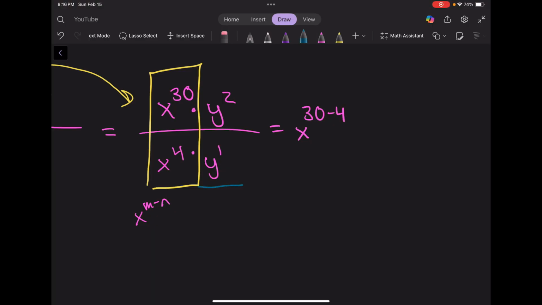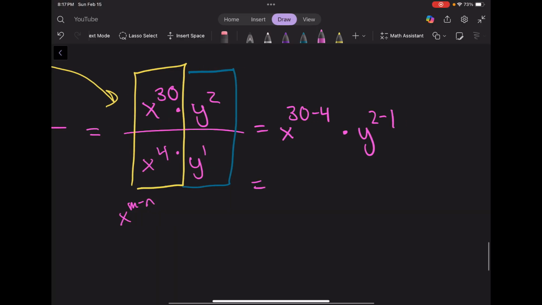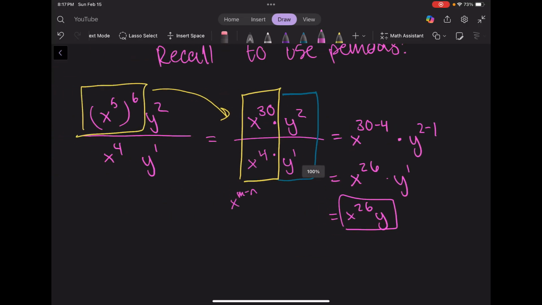So we're going to apply that same rule to the y. So then we're going to have y to the 2 minus 1. By simplifying, we get x to the 26 times y to the 1. Fully simplified, we get x to the 26 times y.